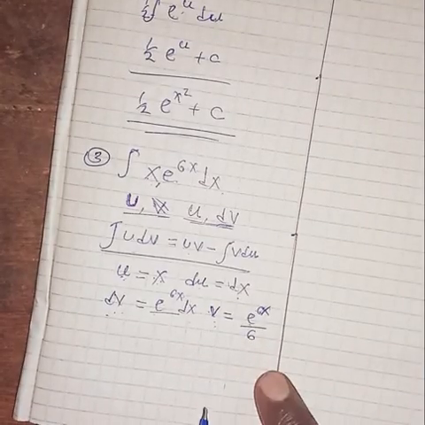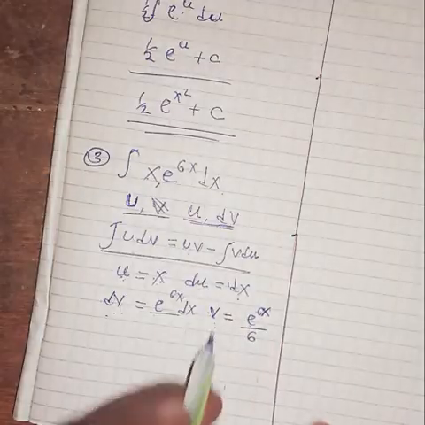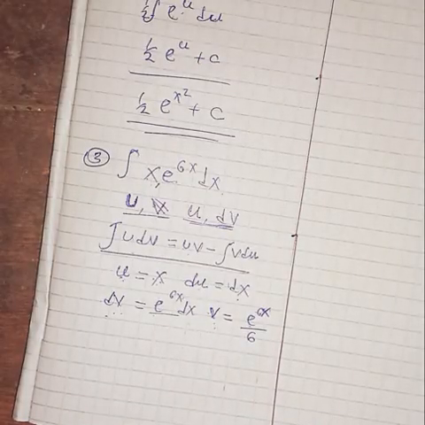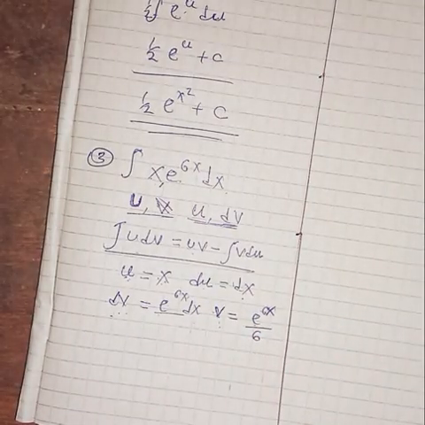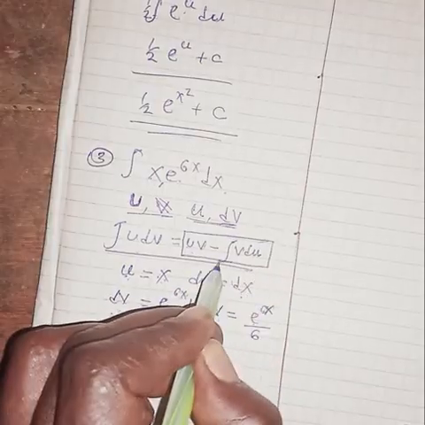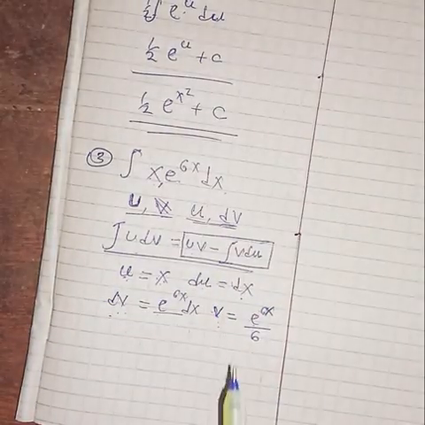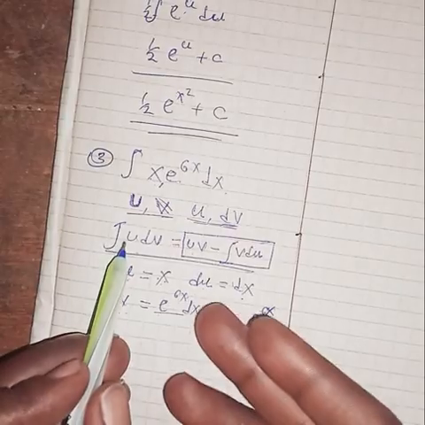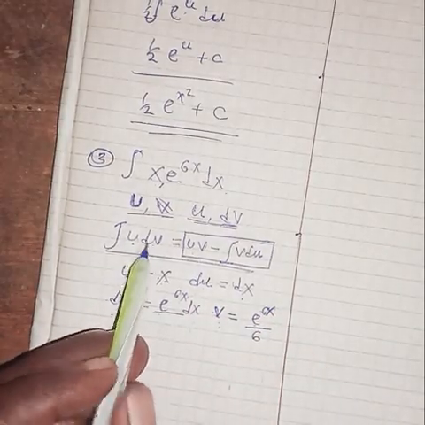Let us go back to the question. We are finding the integral of u dv. In this question, we are now ready to apply the formula, because we want the integral of u dv.